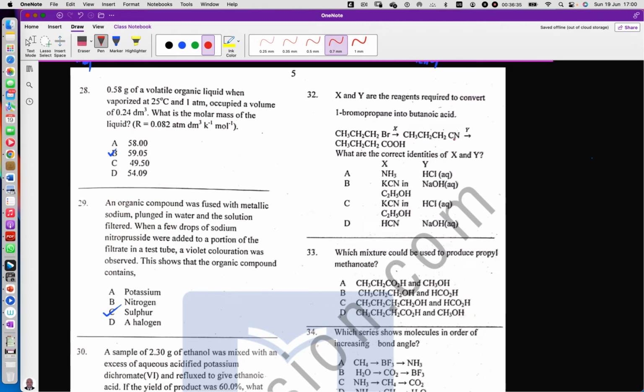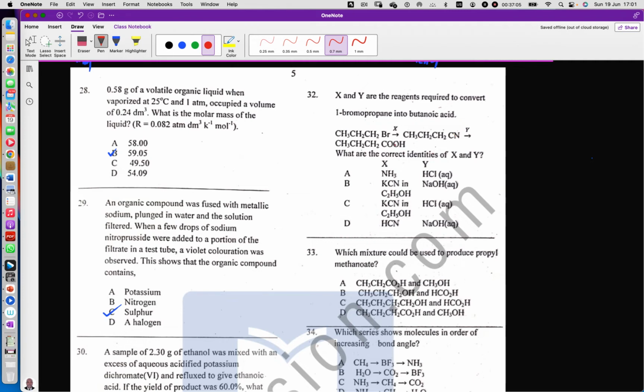This nitrile will undergo what we call acid hydrolysis. In that acid hydrolysis, we will remove the nitrogen and add COOH, leading to the acid.